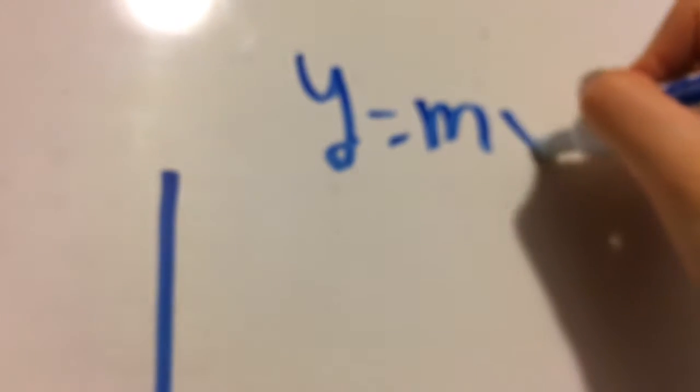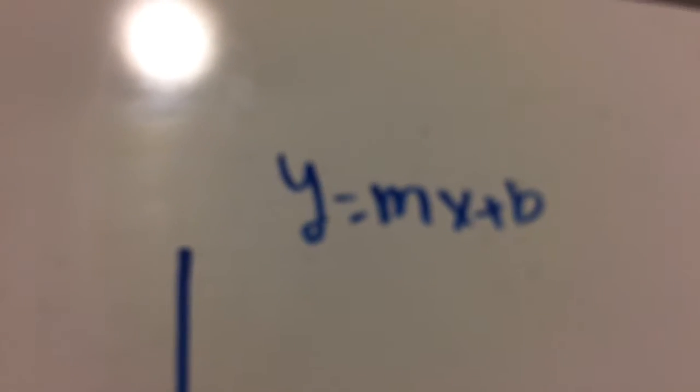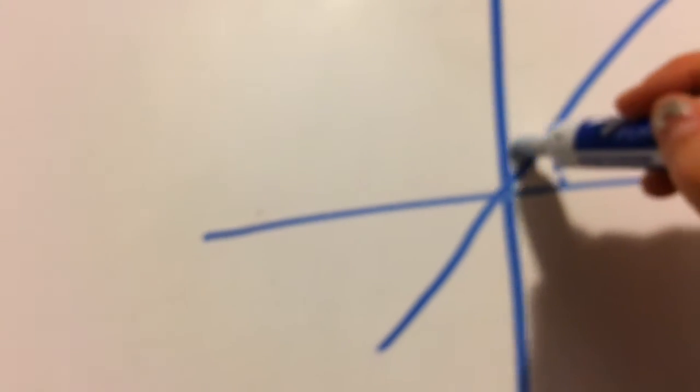Okay, so a linear equation is in the form of y equals mx plus b. Hopefully you can see that. It's really blurry. That's okay. All right, and it is always a straight line. It's so beautiful, and it has an equal slope the whole time.